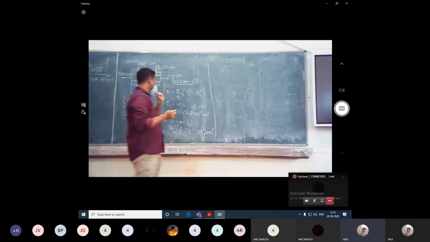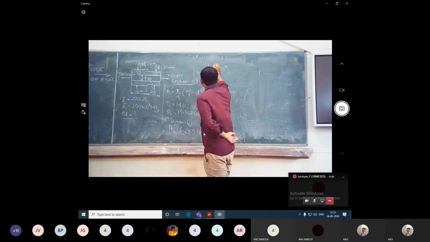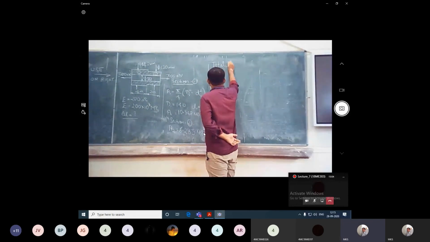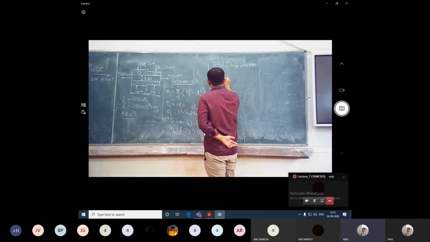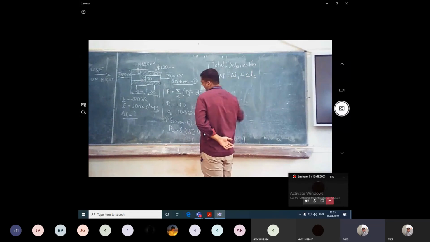So now you find the total deformation. What is the equation? Total deformation delta L is equal to delta L1, the deformation of section 1, plus delta L2, the deformation of section 2.